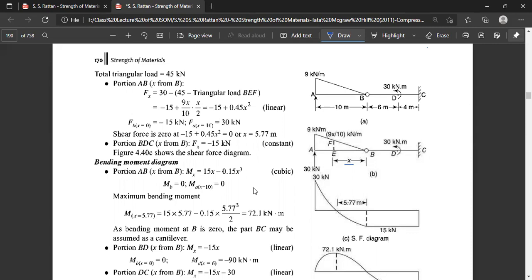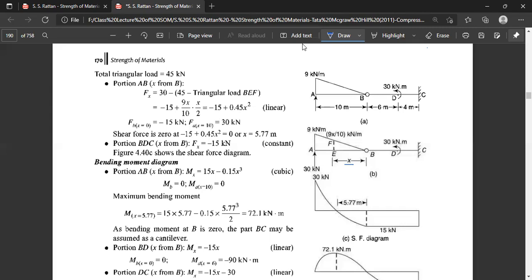As bending moment at B is 0, the part BC may be assumed as a cantilever. So for the portion BD, taking the value of x from B, Mx will be equal to minus 15x. At x is equal to 0 it is 0, and at x is equal to 6, MD is equal to minus 90.